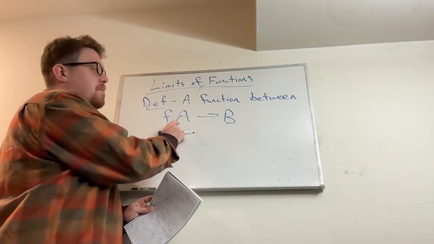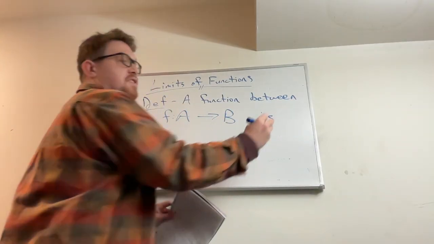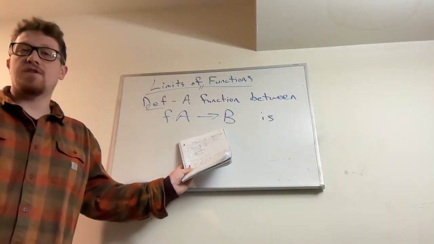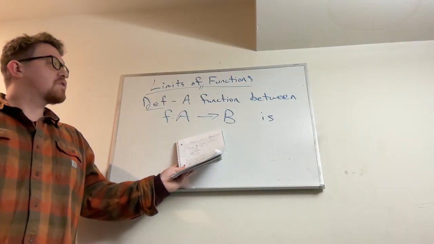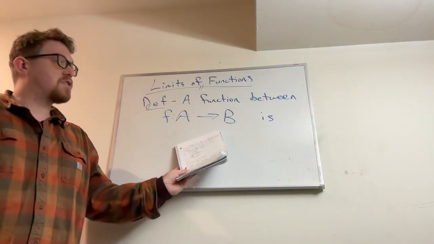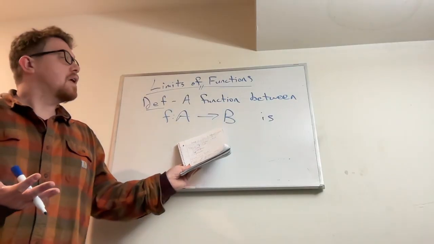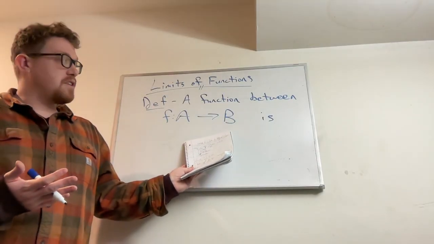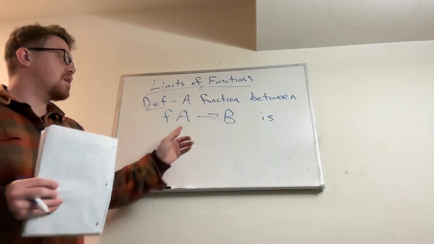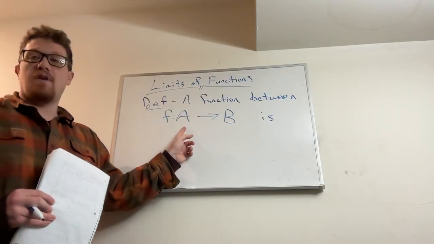So a function from A to B is really just a subset of A times B, which is the Cartesian product. So pairs of elements, which you could also call a relation, but it's a specific type of relation. It's a relation where there's only one output for every input.